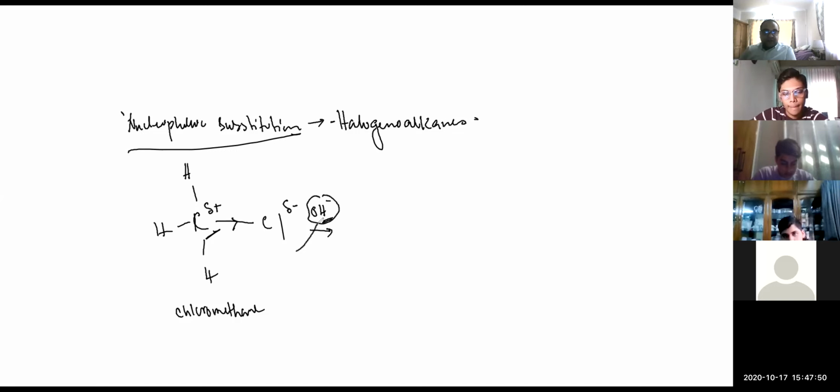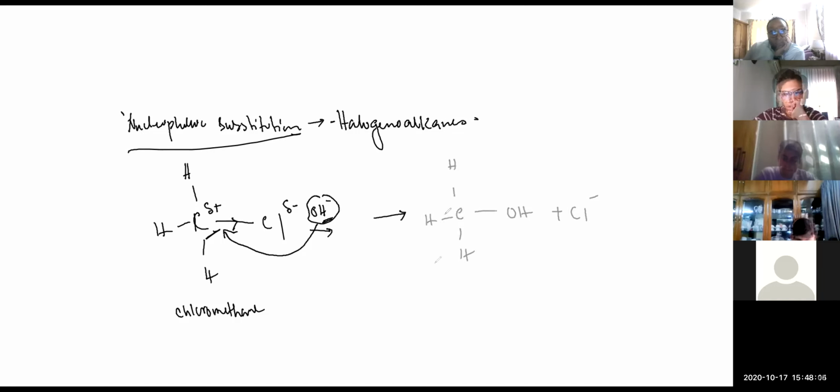It's going to attack this positive carbon, because nucleophile means it's negatively charged and carbocation means it's positively charged. Okay? And then, what do we call this? Nucleophilic substitution.